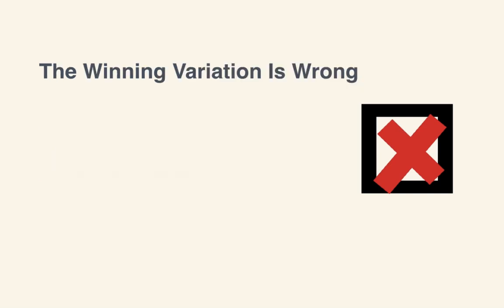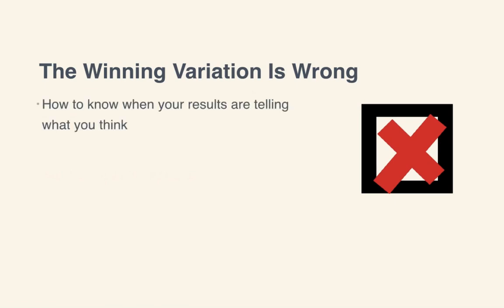A more worrying problem is when the winning variation is actually wrong. And sometimes it's hard to know when your results are telling you what you actually think. So you think something's had an impact and you've proven that it does, but actually things further down the path, the funnel, aren't happening.